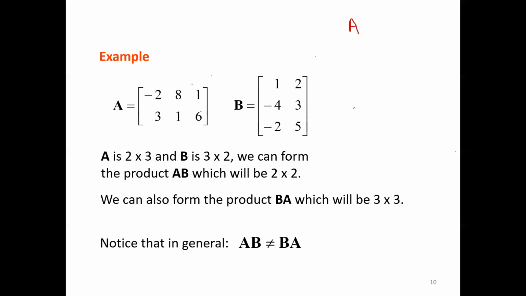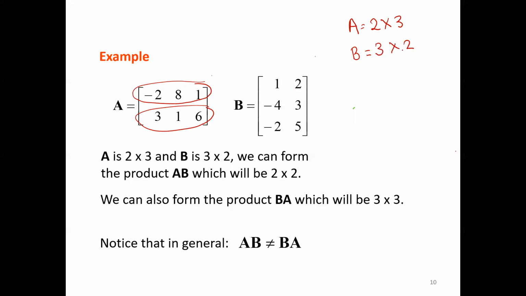There are 2 rows, that's 1, that's 2. So we call it 2 by how many columns? 3. And matrix B has 3 rows and 2 columns.